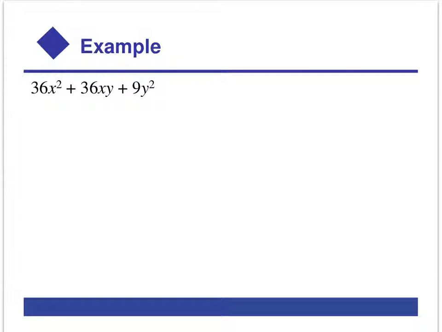Let's see if we can take a 3 out? Take a 9 out. Let's take a 9 out. So if we take a 9 out, we're left with 4x squared plus 4xy plus what? Y squared.